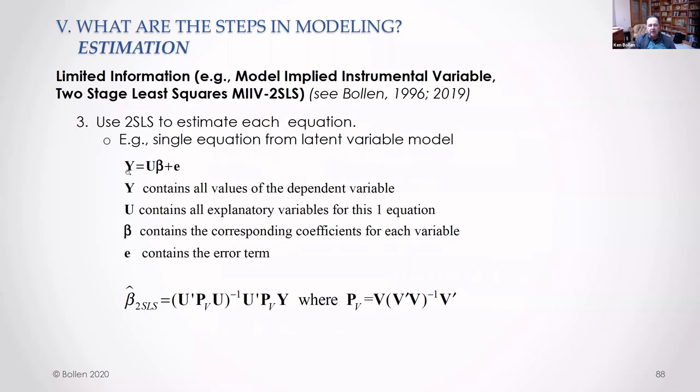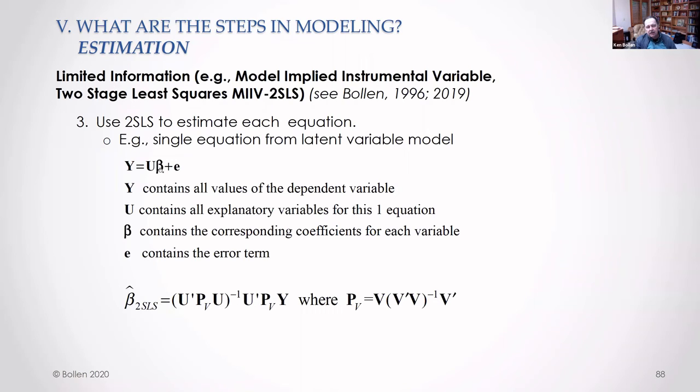It looks just like a regression equation where we have y as the dependent variable, a vector containing all values of the dependent variable. U is a matrix containing all the explanatory variables for this one equation. Beta contains the corresponding coefficients for each variable, and E contains all of the errors in this equation.